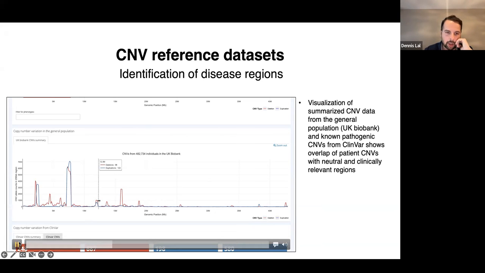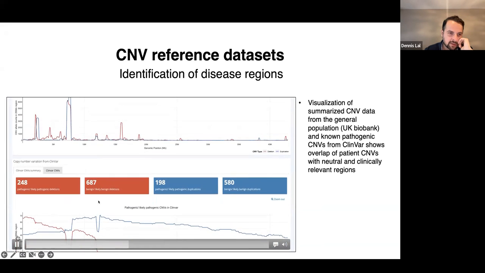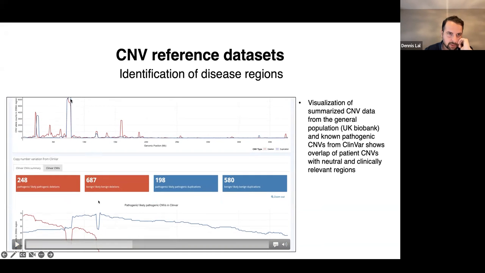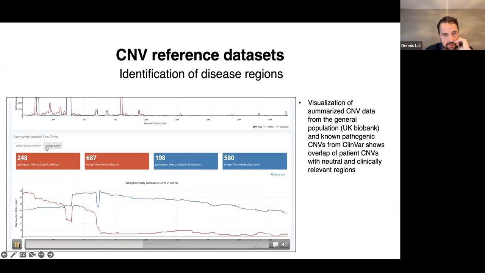So the opposite, basically, but again, this is all the time matched here. You can see this here also nicely. This is from 500,000 people from the general population, and you see the same region has actually a drop for patient variants.